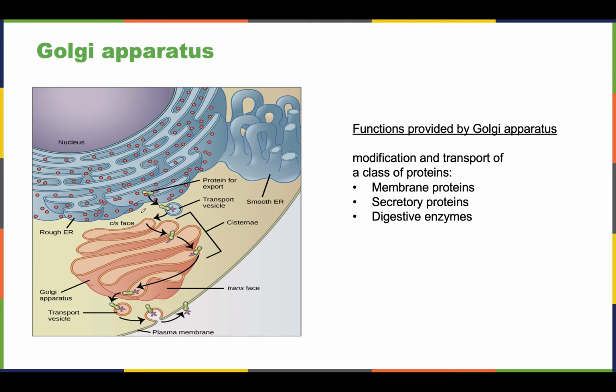So the Golgi apparatus is involved in receiving the proteins that are made and modified in the endoplasmic reticulum, and then helping modify them and then transporting them to where they're supposed to go. And these are the same type of proteins that are made in the endoplasmic reticulum.